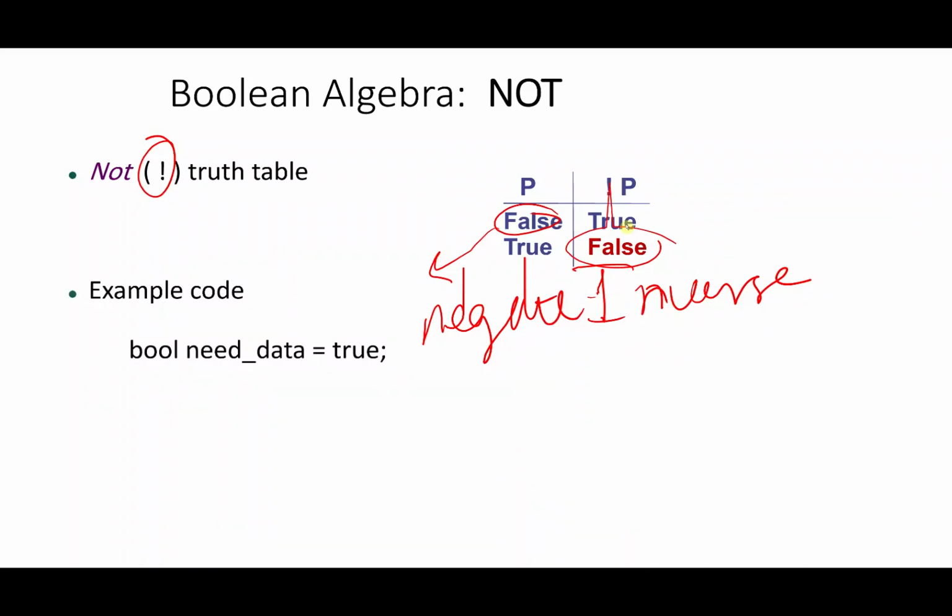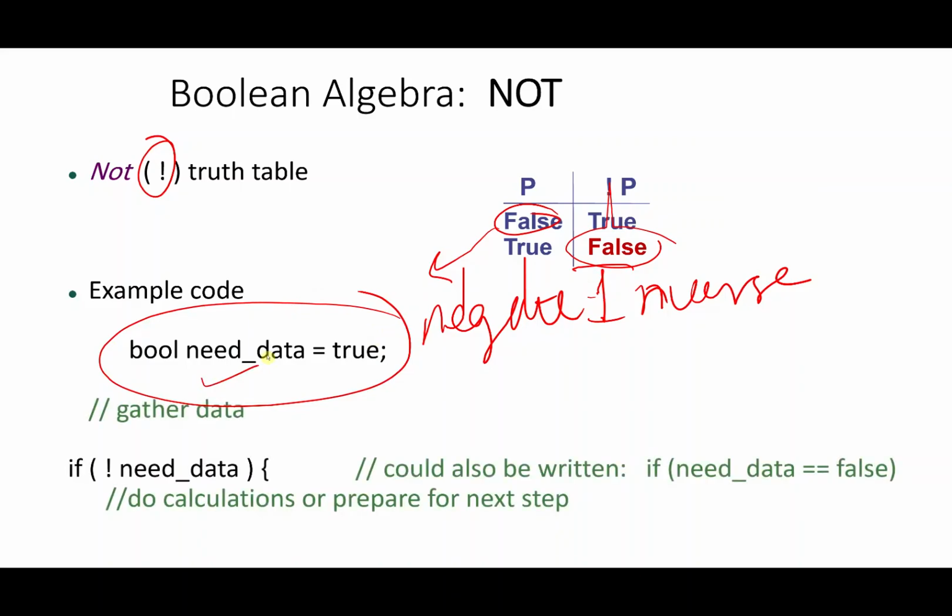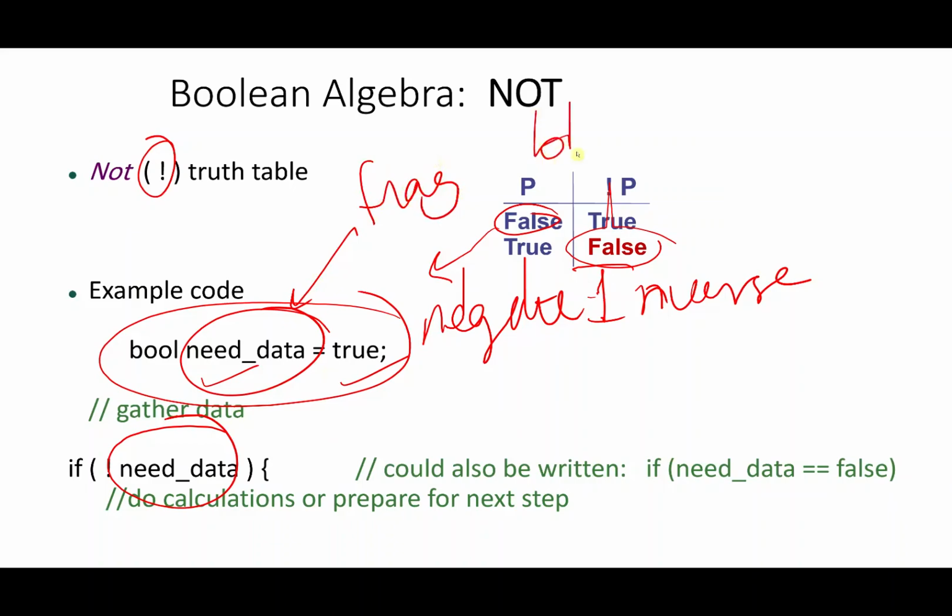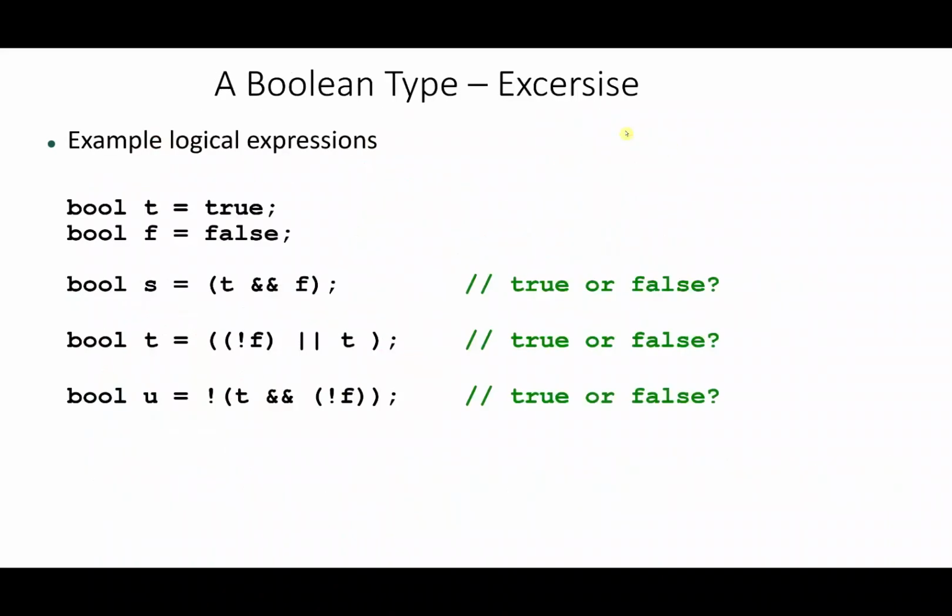It's like I want to gather some data. I set need data equal true. Once I'm done gathering enough data, I make this false. And then what I check is just the Boolean flag. And this is what we usually call a flag in programming. Any variable of type Boolean is usually called a flag.